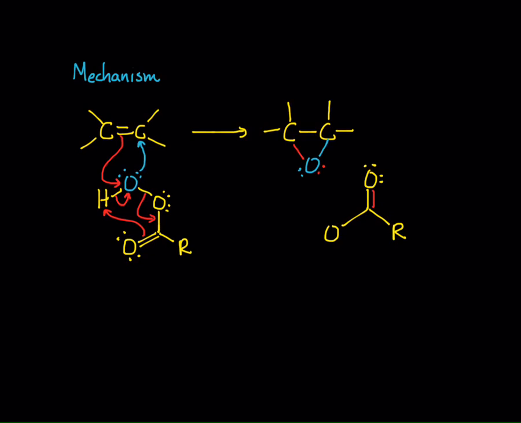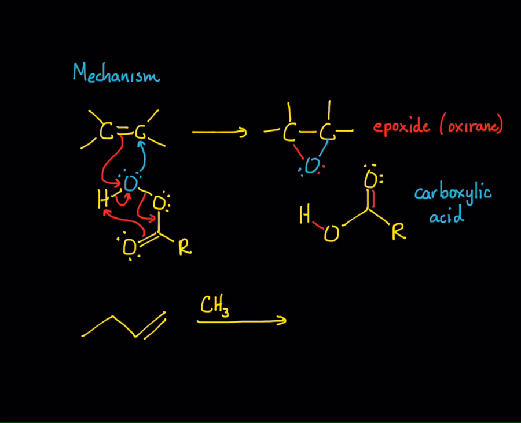From the oxygen-oxygen bond breaking, the electrons went to form a pi bond. The other oxygen has now a new oxygen-hydrogen bond, and so this is our product. We form an epoxide, also called an oxirane, if you recall, and the byproduct of this reaction is a carboxylic acid.